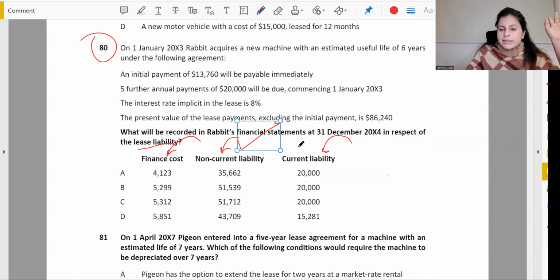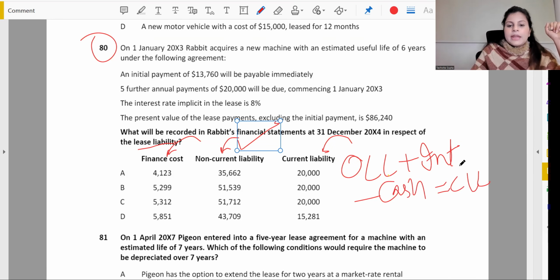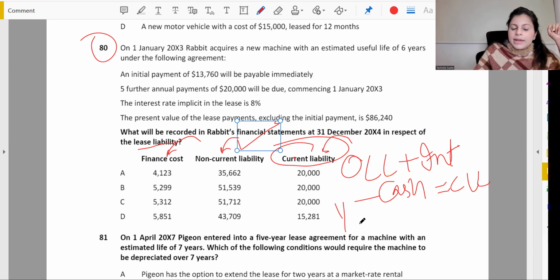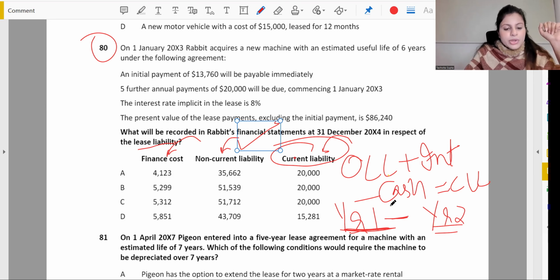How do you calculate your lease liability? Opening lease liability plus interest minus cash paid gives us closing lease liability. How do you calculate the current portion? Compare year 1's closing lease liability with year 2's closing lease liability, and that movement is the current portion.